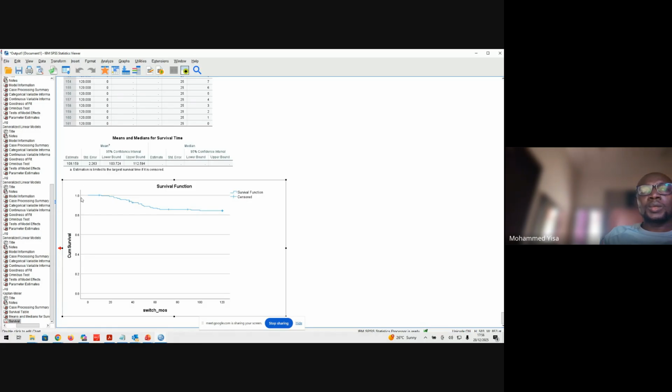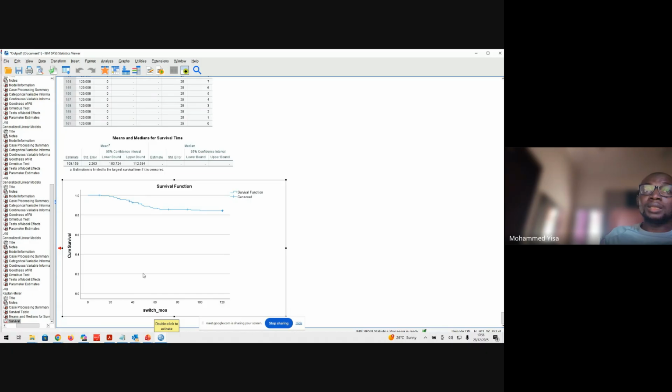So if you look at this vertical axis, you would see 0 to 1, which is the probability. So the probability over the 10 years of follow-up never dropped down to 50%. So there isn't a median to report. So you just report it like this.